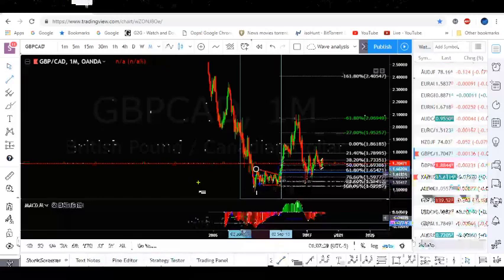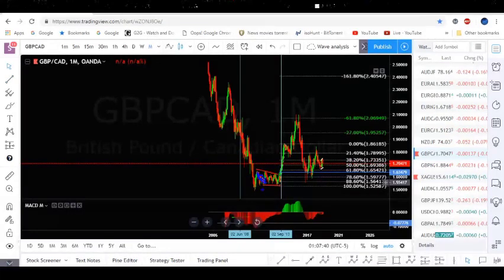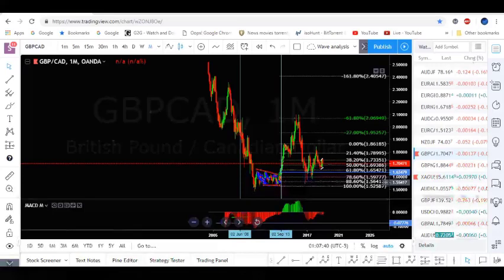Let's make this blue. There we are, our first sharp move in our impulse, in our correction. Remember, you're looking for two sharp impulses in the opposite direction of the bigger impulse in your correction. And there you had the second one. And then inside here was your B wave. So this on a monthly is very clear what we had. We had just a normal regular flat on the monthly.